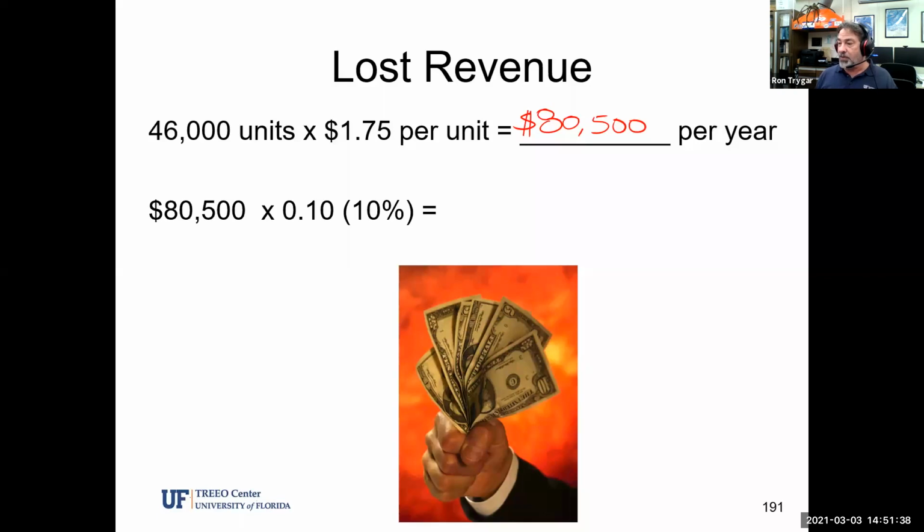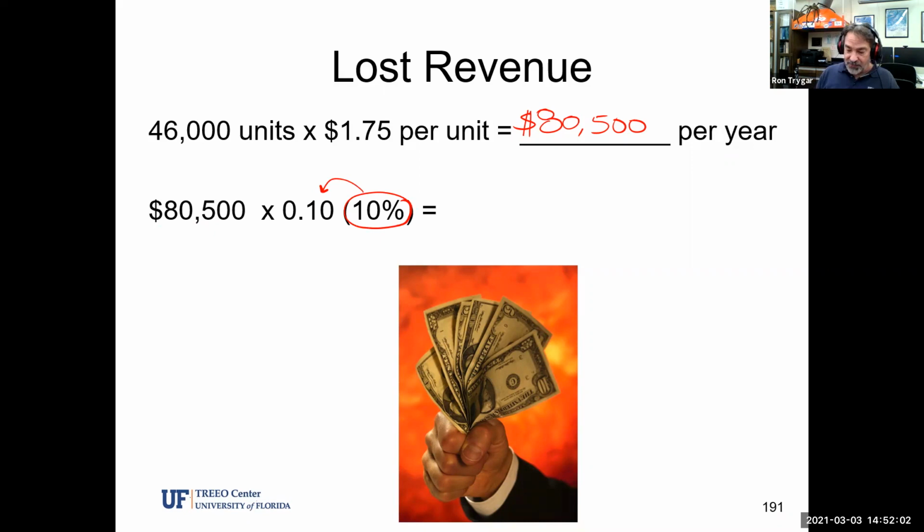But we know that 10% inaccuracy is hurting us. So how much money is the 10% inaccuracy actually costing us? 80,500 is what we should have got, but there's 10% inaccuracy. Remember, 10%, like you see written here, has to be expressed as a decimal, which is 0.10.